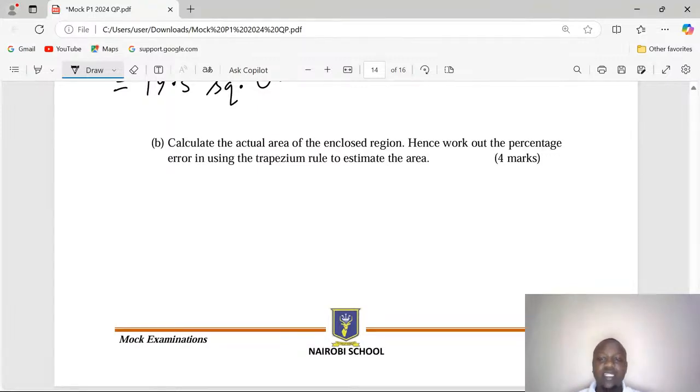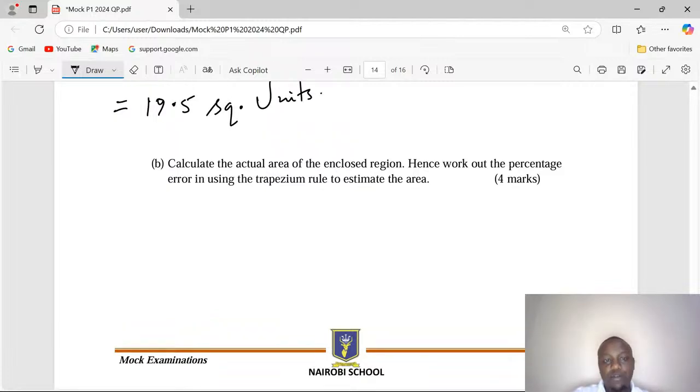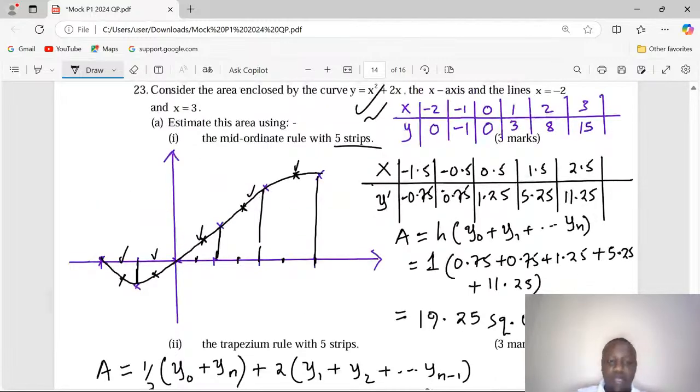So when you're using integration, we are supposed to be very keen with how the area is behaving. For instance, from negative 2 to 0, then from 0 to 3. You can see the area is below the x-axis, then the other area is above the x-axis. That means we don't integrate once, because a student who has not sketched this curve is going to integrate all the way from negative 2 to 3, and they will get a very wrong answer.